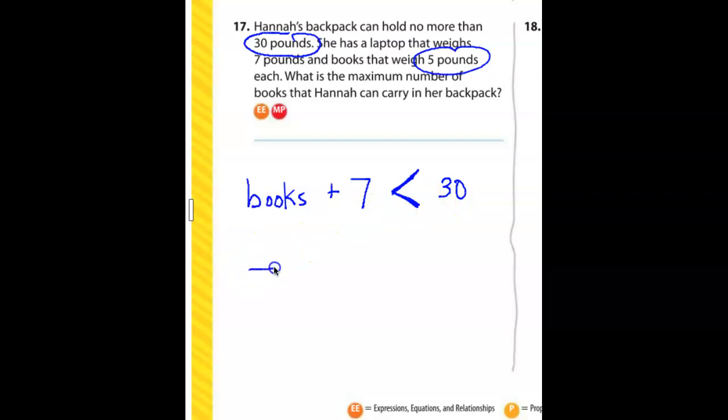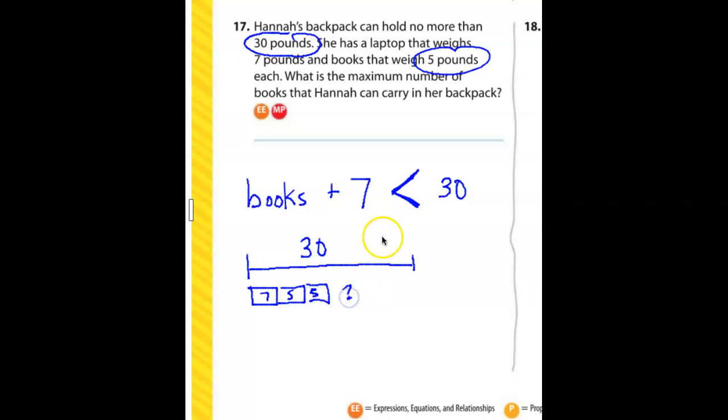So I'm going to go ahead and do a bar diagram. And if I have 30 as the maximum, and then we have 7, so we have 5, 5. So go ahead and figure out, guess and check if you'd like, how many books would be possible for us to carry.